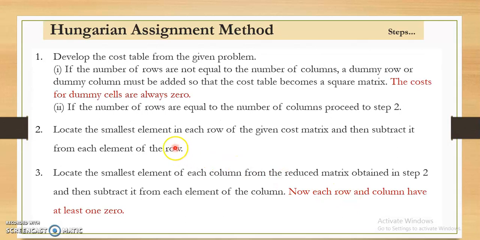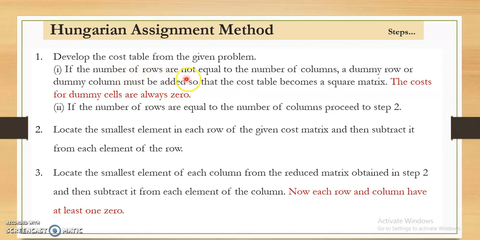Now, what is the Hungarian assignment method? Let us discuss the steps involved in this method quickly. Once the original problem is given to us, we have to perform certain operations based on the observations. Step 1 is to develop the cost table from the given problem. That means, from the methodology of OR, step number 4 we have to perform here.